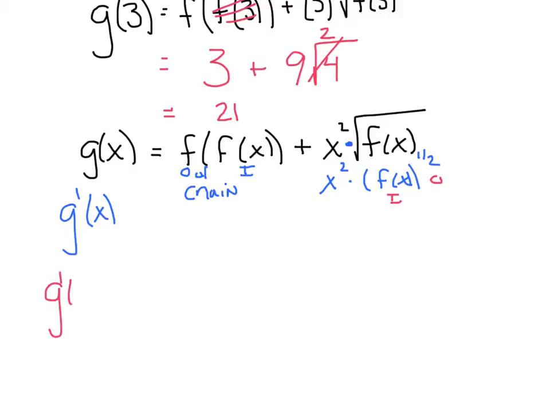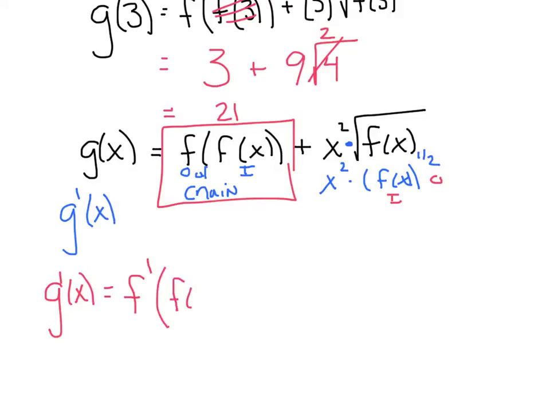So g prime of x equals, let's start with this guy, chain rule, f of f of x. Derivative of the outside, keep the inside, derivative of the inside. The derivative of f of x is f prime of x. Then you've got a plus sign. Now, remember, I've got product rule here, and I just want to stress it again.